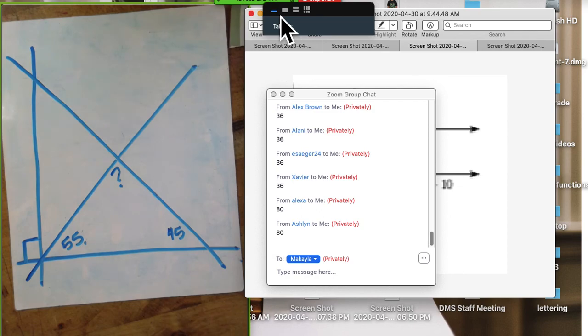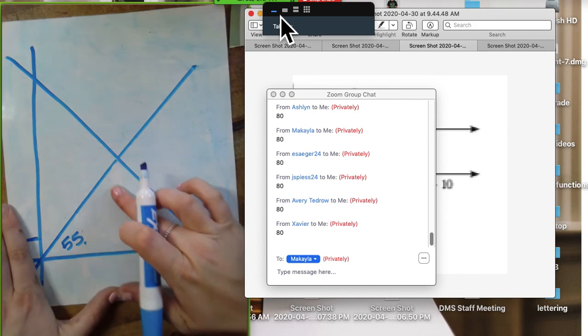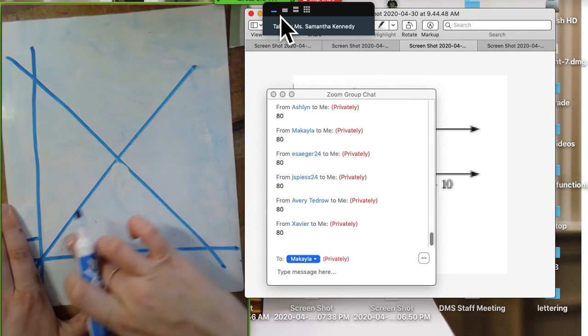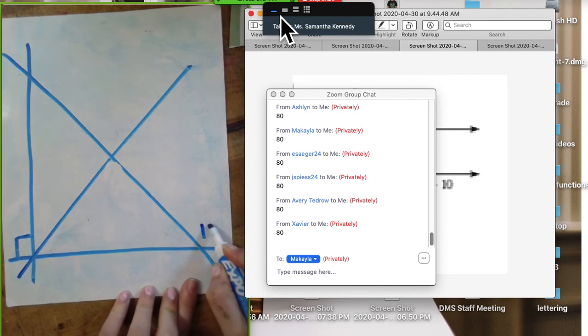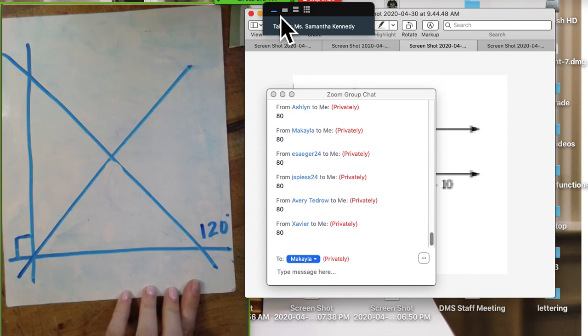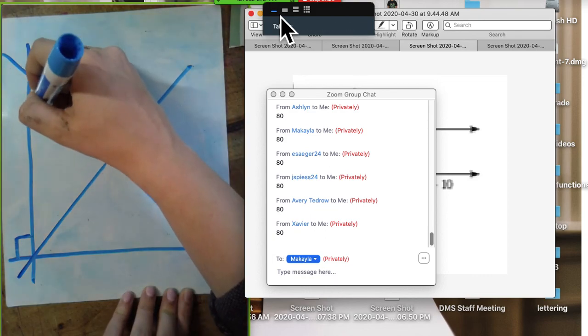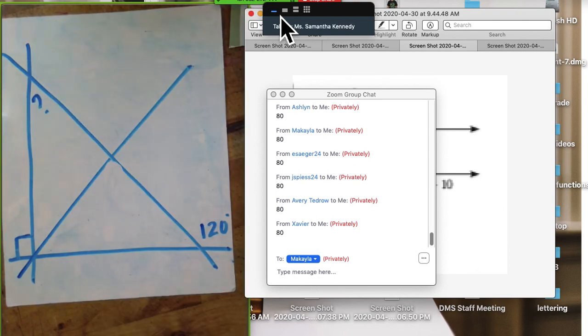Ooh. Nice. Should have gotten 80. All right, here's a doozy for you. If this angle here is 120, okay, what is that angle? It's a doozy for you.